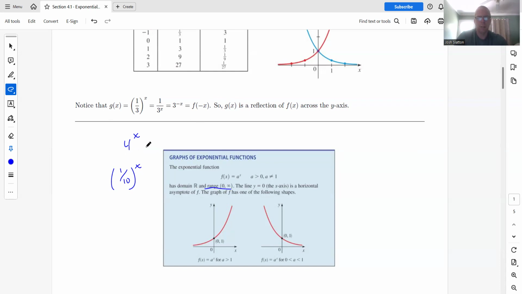There's no way to make that negative, so that number is always positive. And there's no way to make it equal 0 either. As x gets really big, that number will get smaller and smaller, as you can see with the 1/3, and it would do the same thing with 1/10. It never actually gets to 0, and there's no way to make it negative. So what happens is we have a horizontal asymptote at y equals 0.